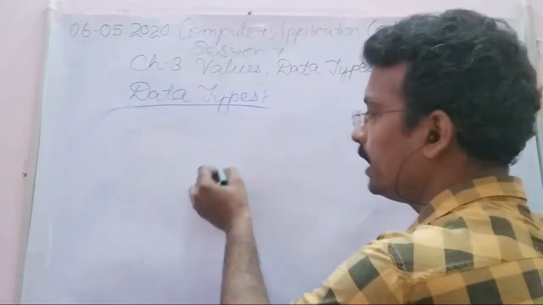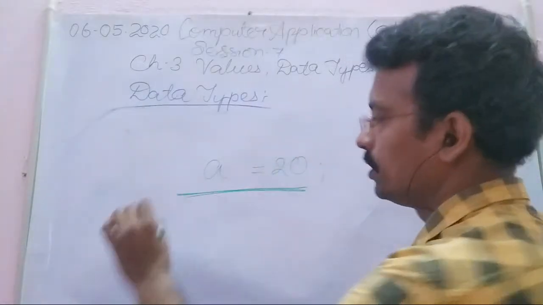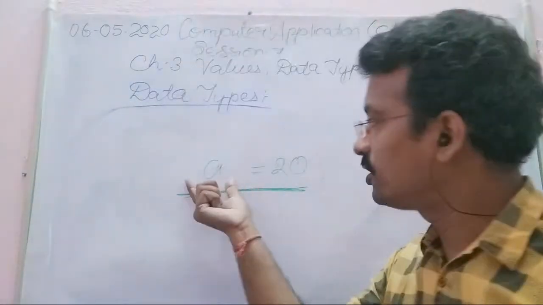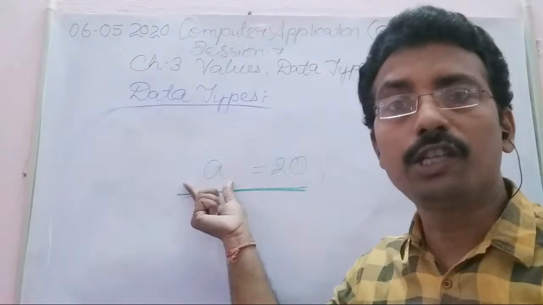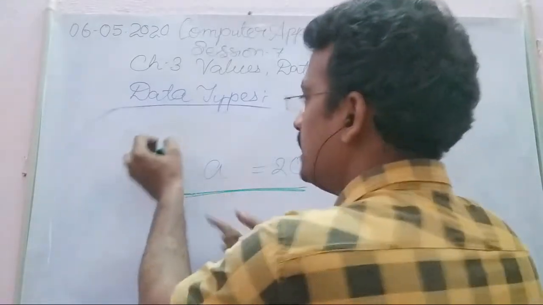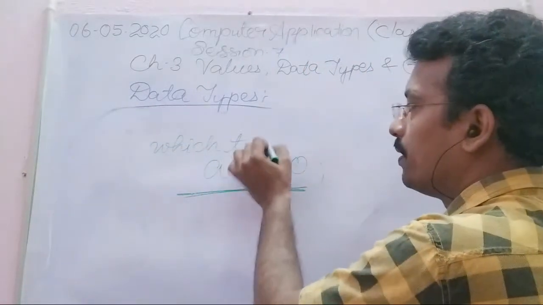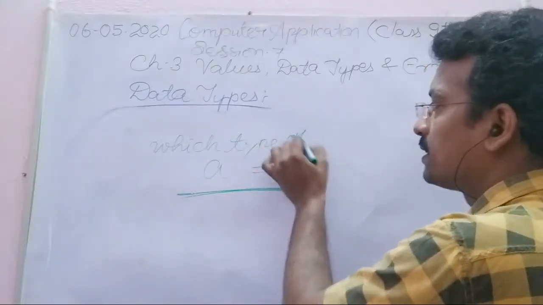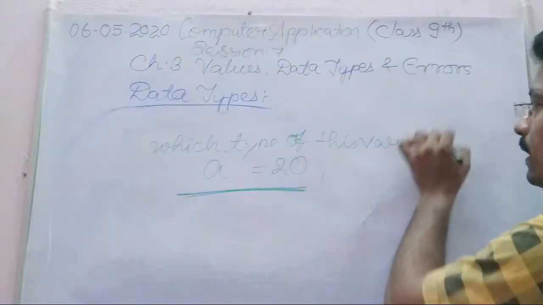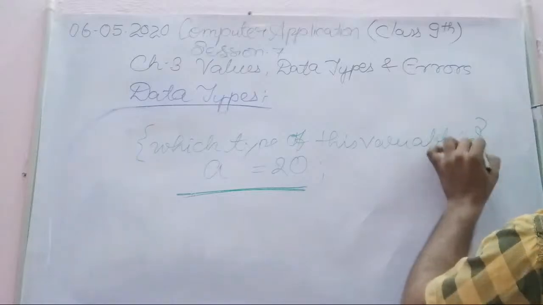If you write only A equal to 20, this is not giving the full idea to the Java environment about which type of variable this is.